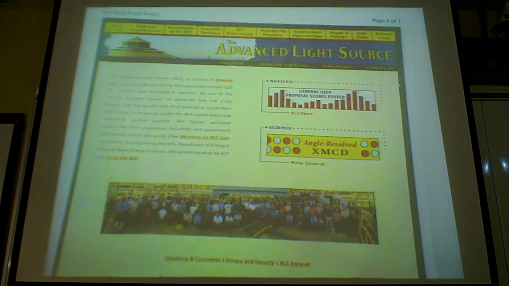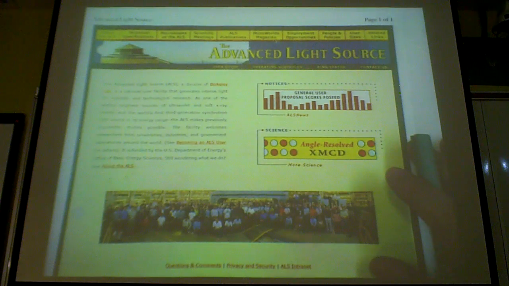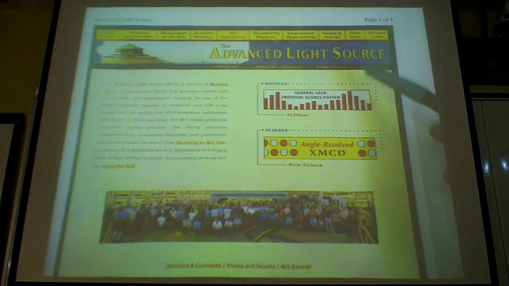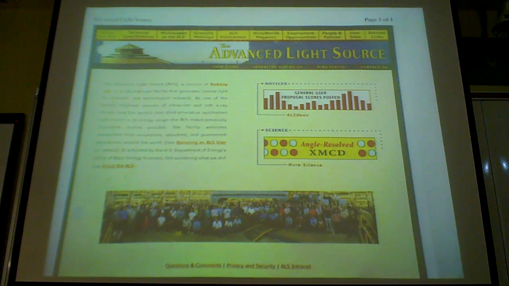Light Source, which started some years ago, about 20 years ago, I would say, at the Advanced Light Source at UC Berkeley, the home of Lawrence, the inventor of the cyclotron, of course, right?